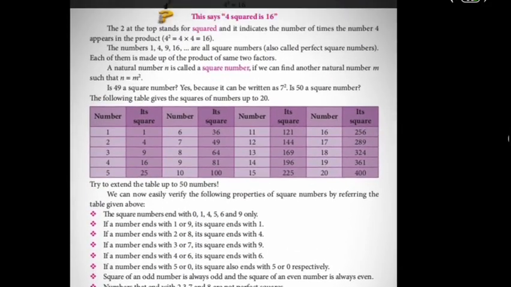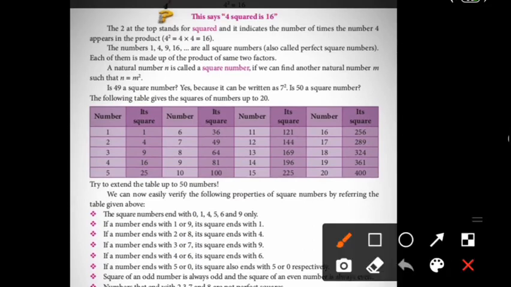Here, square numbers. A natural number n is called a square number if we can find another natural number m such that n is equal to m square.